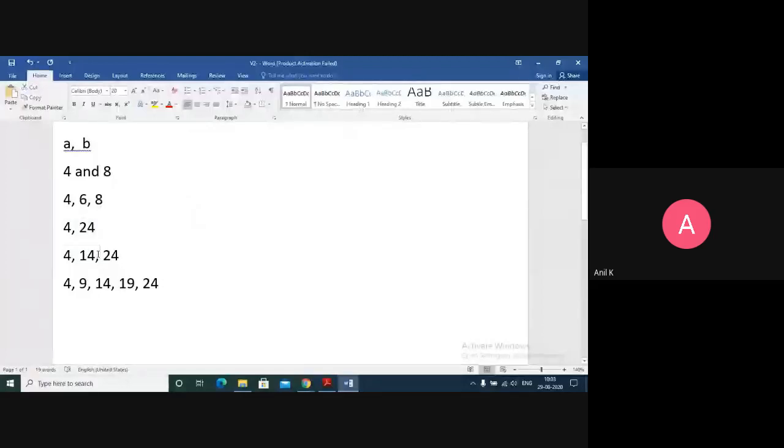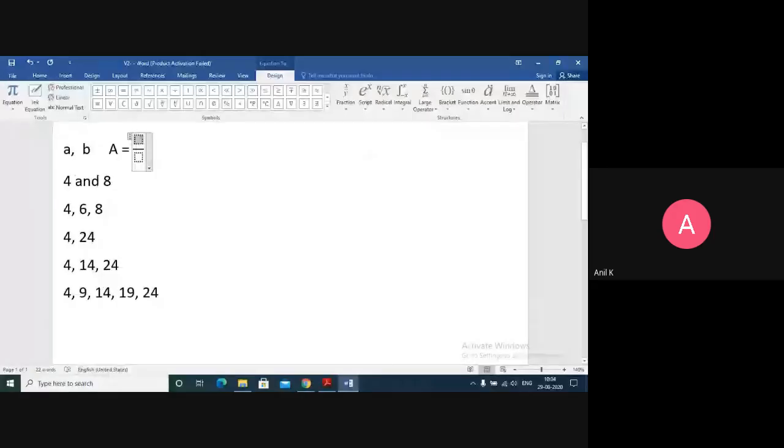So that means if I insert between A and B the average of both the numbers, I'll get A plus B by 2.